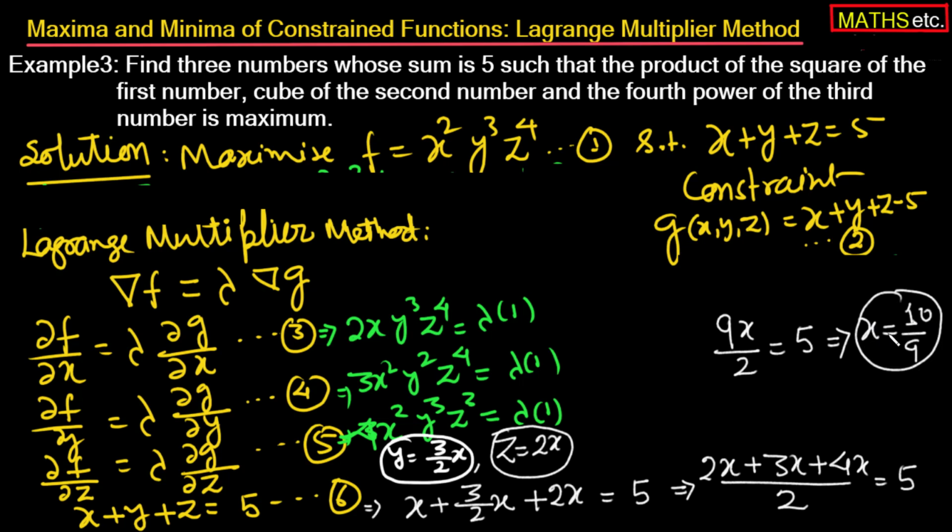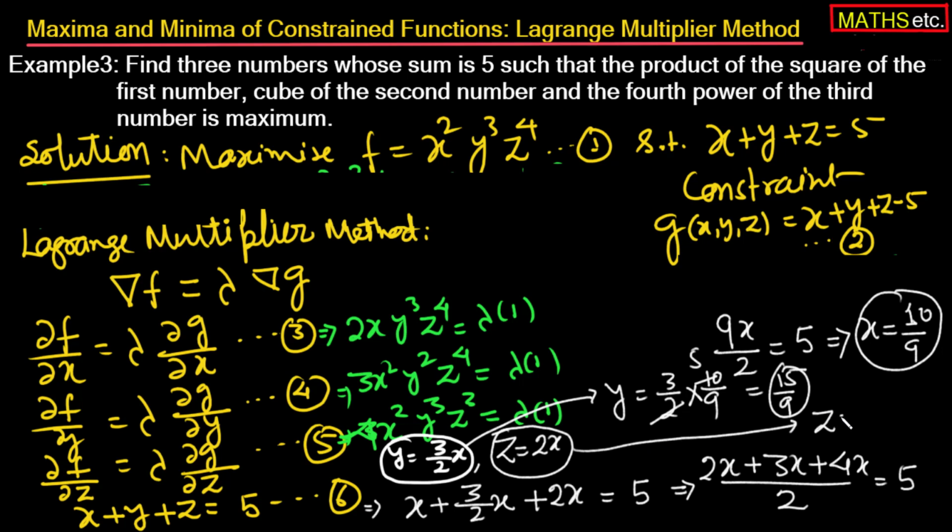And putting the value of x equals 10 over 9 here, we get y equals 3 over 2 multiplied by 10 over 9. And 2 fives are 10, we get y as 15 by 9. And again putting x equal to 10 by 9 in z, we get z is equal to 2x, and this means z is 20 over 9.